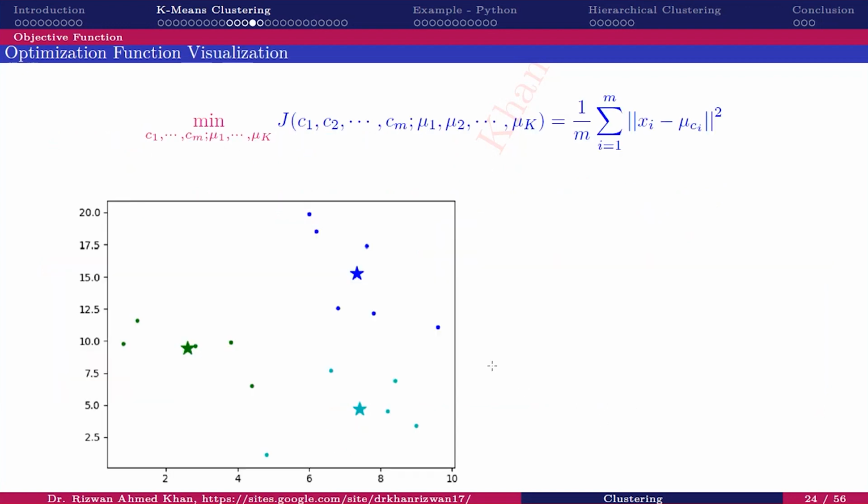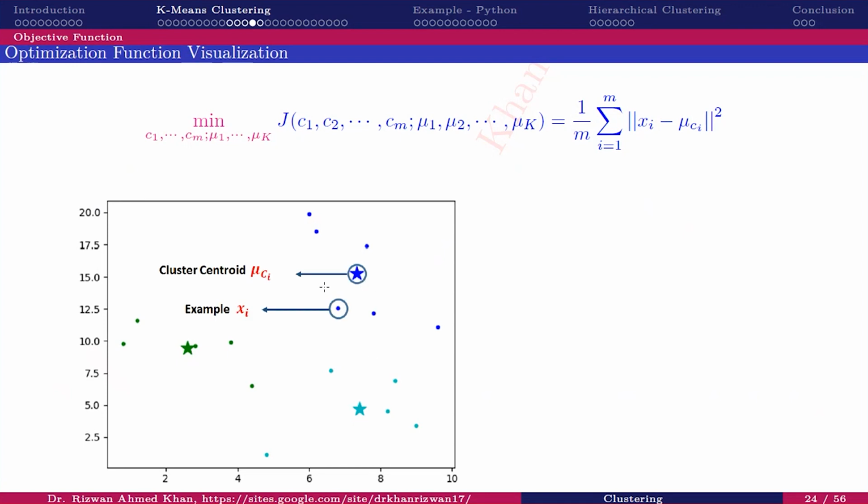Now this is the graphical intuition of this cost function. Let's say these are data points and they are assigned to cluster centroids of specific colors. There are three cluster centroids. The first one is green, the second is blue, the third is cyan, and the points with the same color are assigned to these clusters, right?